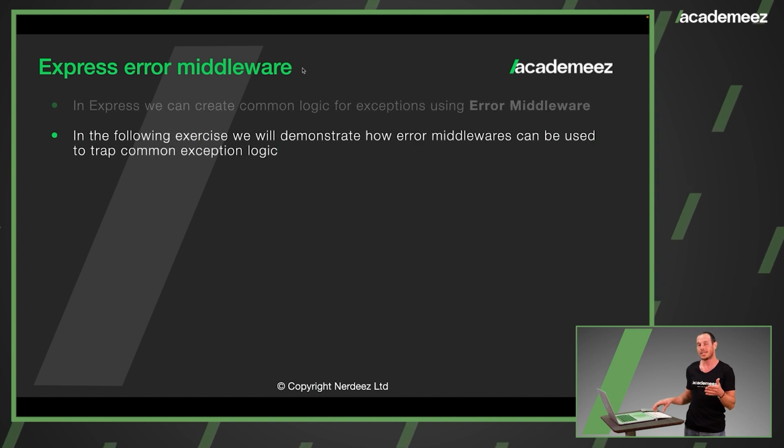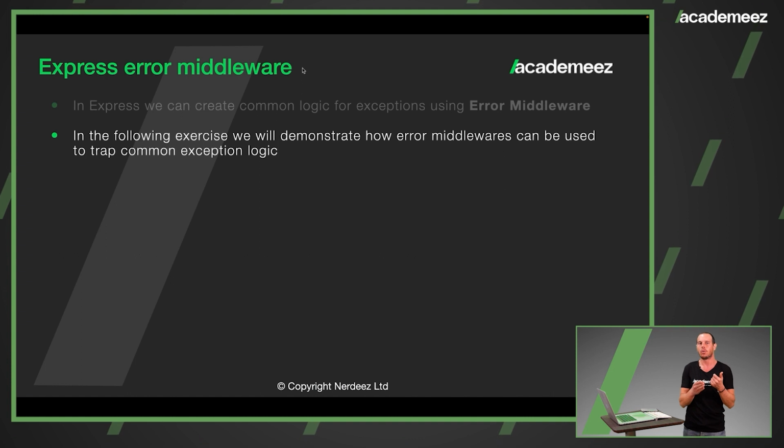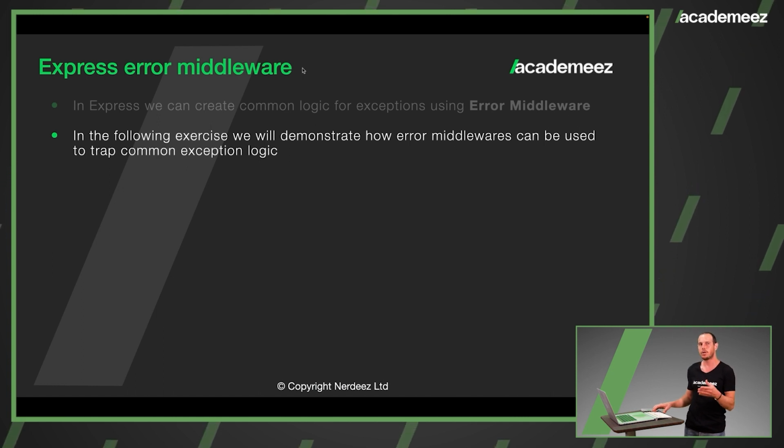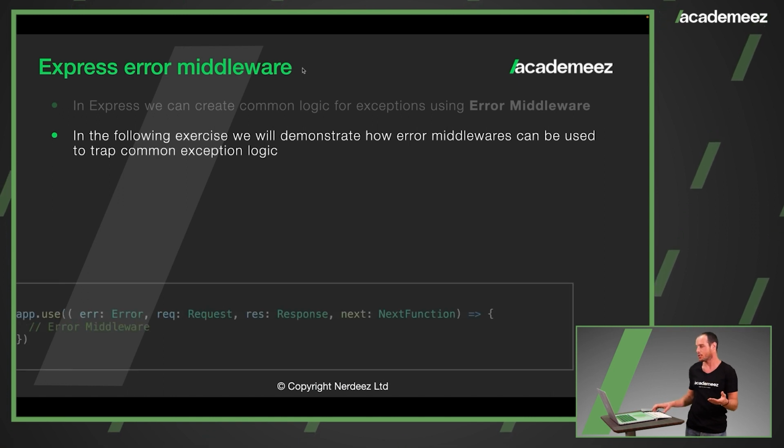An error middleware is basically you use app.use and you place a function where, instead of the usual request, response, next, in the error middleware you have error, request, response, next. So you have 4 arguments in the route handler. We'll try to demonstrate how you use Express middleware to add common logic to certain exceptions.